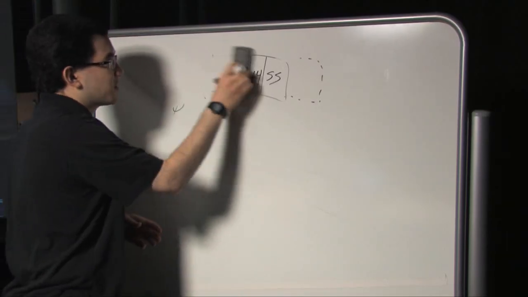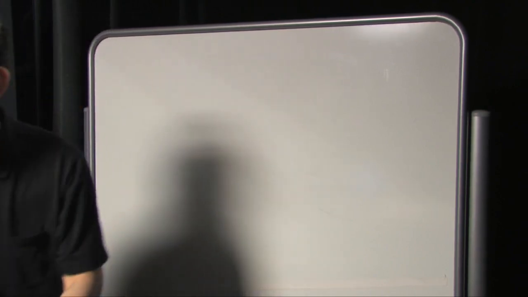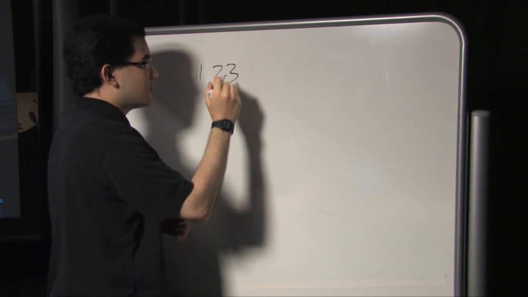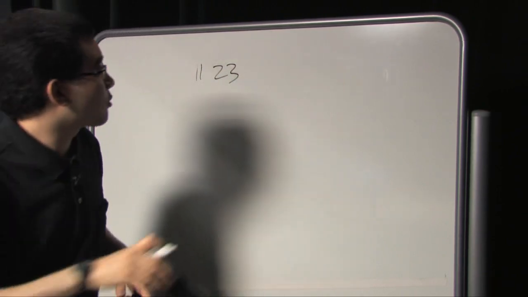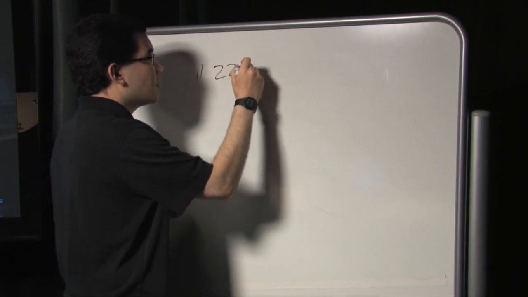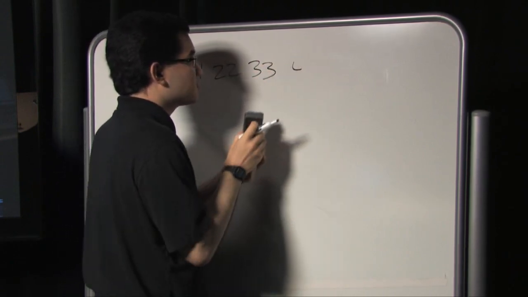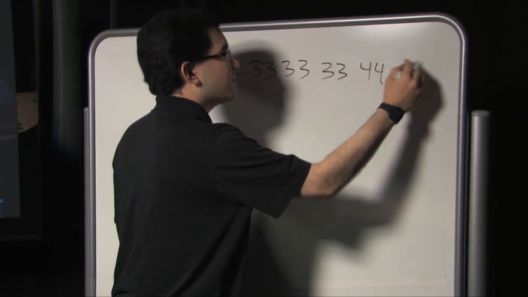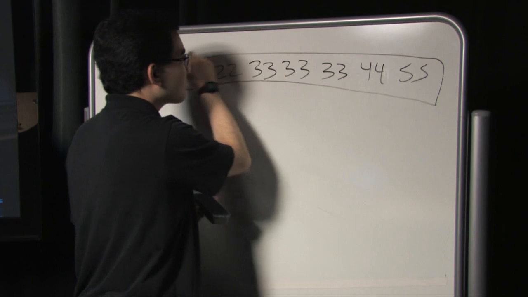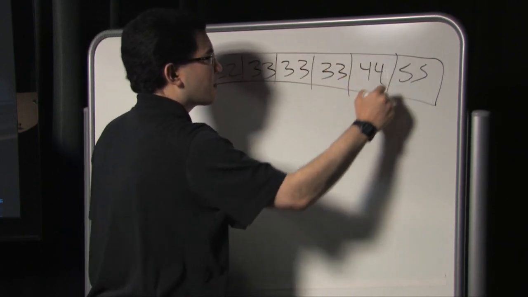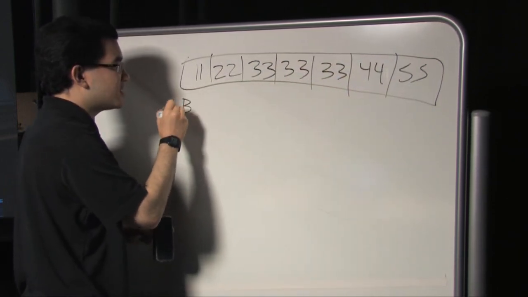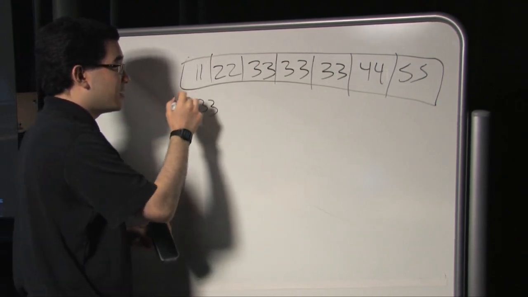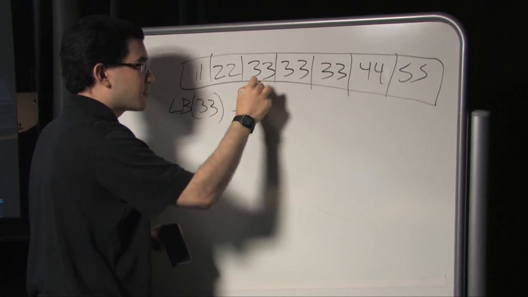So we saw briefly in the working paper that there was another algorithm called upper bound. So if I've got 11, 22, 33, and suppose I want some copies, 33, 33, 44, 55, and I ask for the lower bound of 33, that is going to return an iterator here.